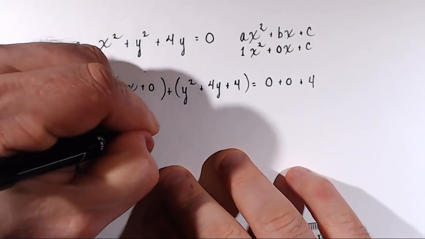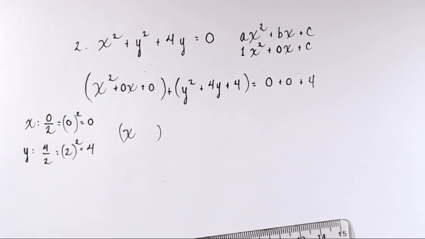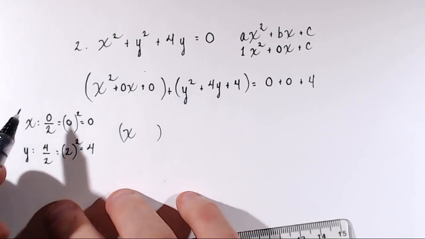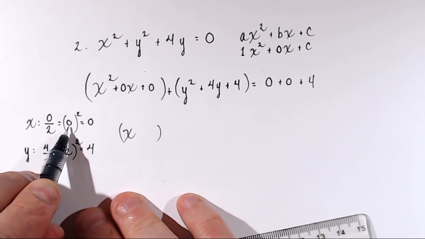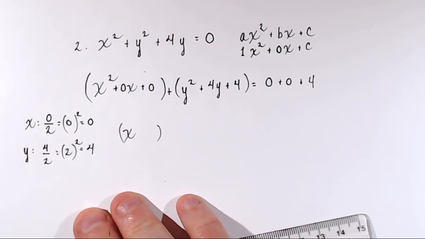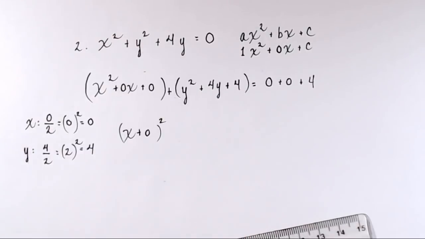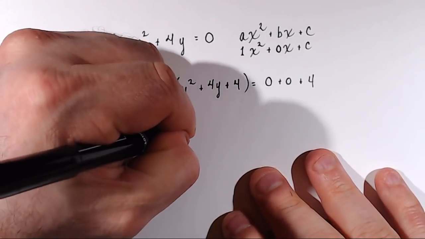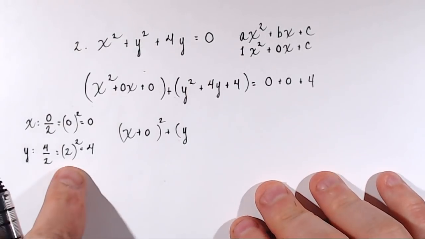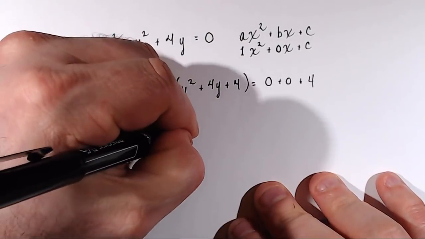For x, I write x, and we'll go with the sum of two squares here. X plus whatever is inside here. It says 0, so x plus 0 squared plus, open parentheses, y, and now I've got this term here is positive, so I'll put plus 2.